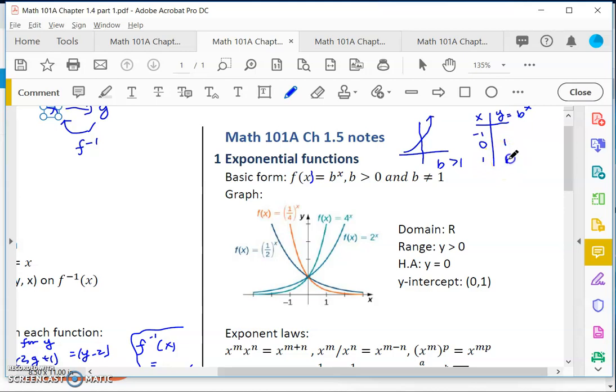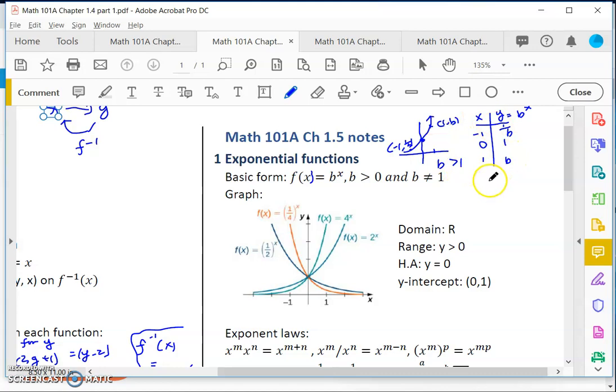B to the 1 is just b, and b to the negative 1 is 1 over b. So you would graph 3 points here. 0, 1 is always the y-intercept, and then the first point is 1, comma b, the base, and the point on the left side of 0, 1 is negative 1, comma 1 over b. So this is like a growth function.